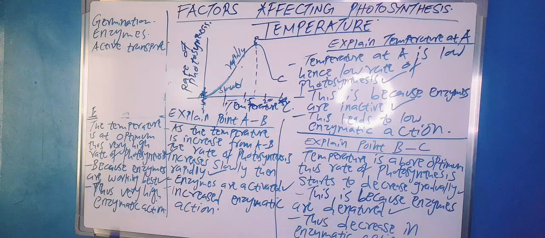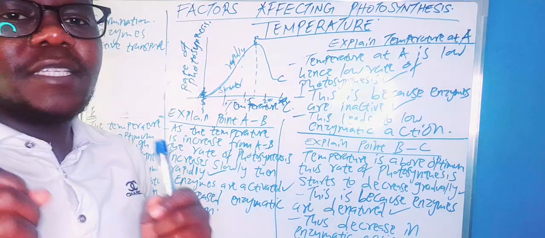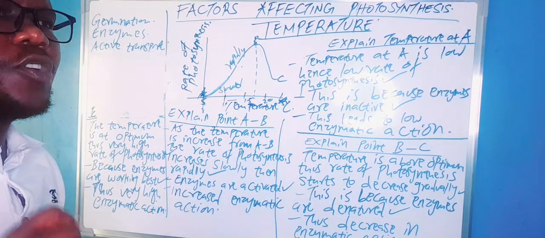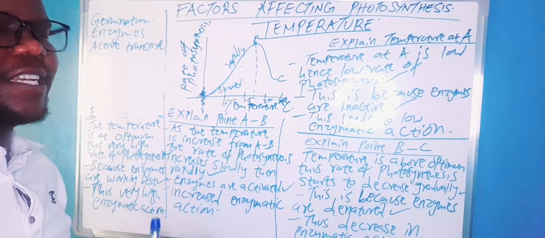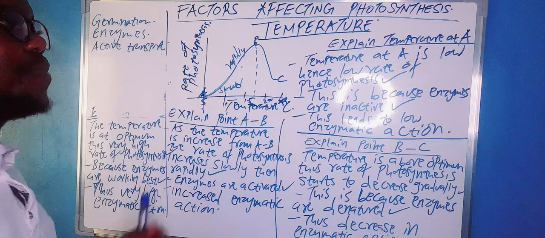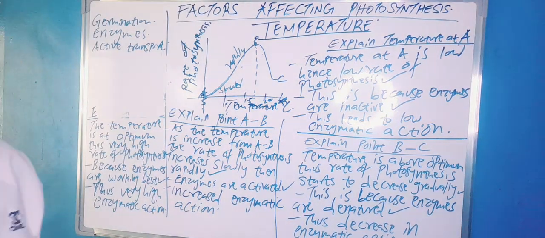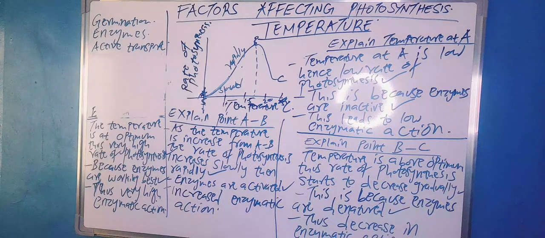The only temperature that you will not explain based on enzymes is temperature based on what? Diffusion, because on diffusion you'll speak about increasing the kinetic energy. That is the end. You'll not speak about the enzymes. It's about the kinetic energy of those molecules, which makes them light and diffuse at a fast rate because of the separation of those molecules.